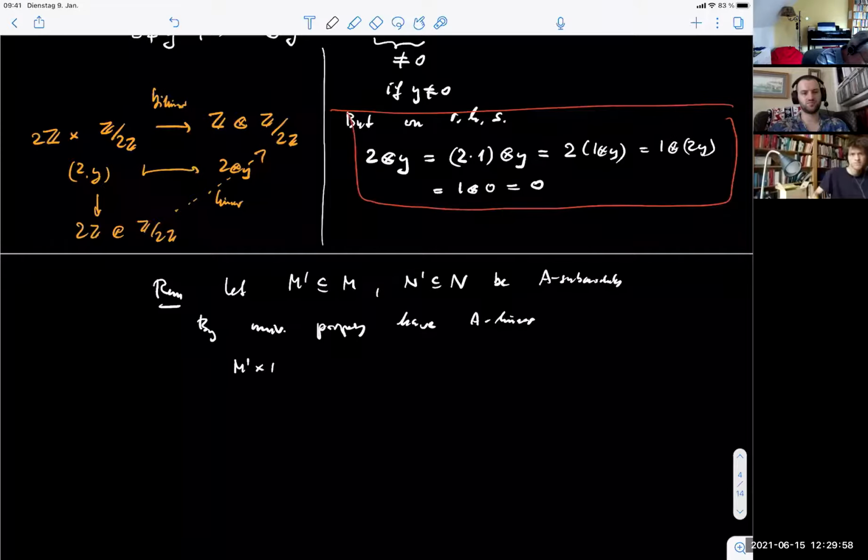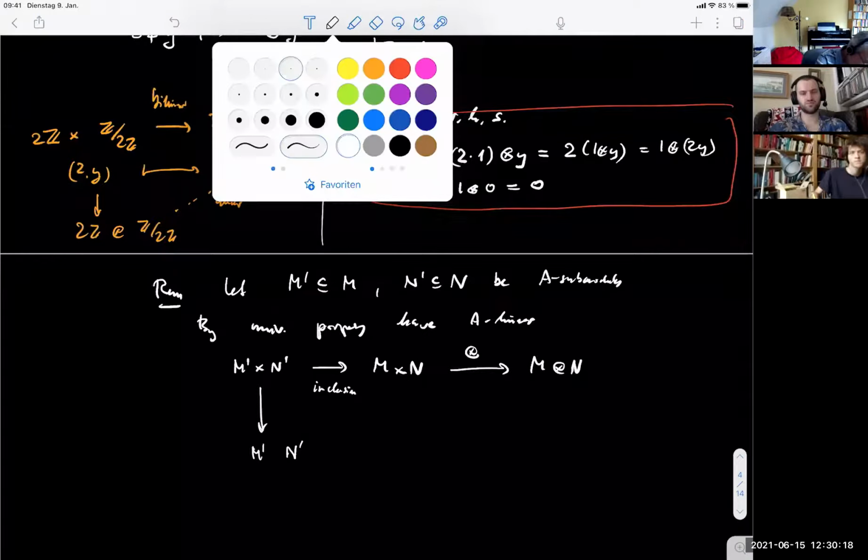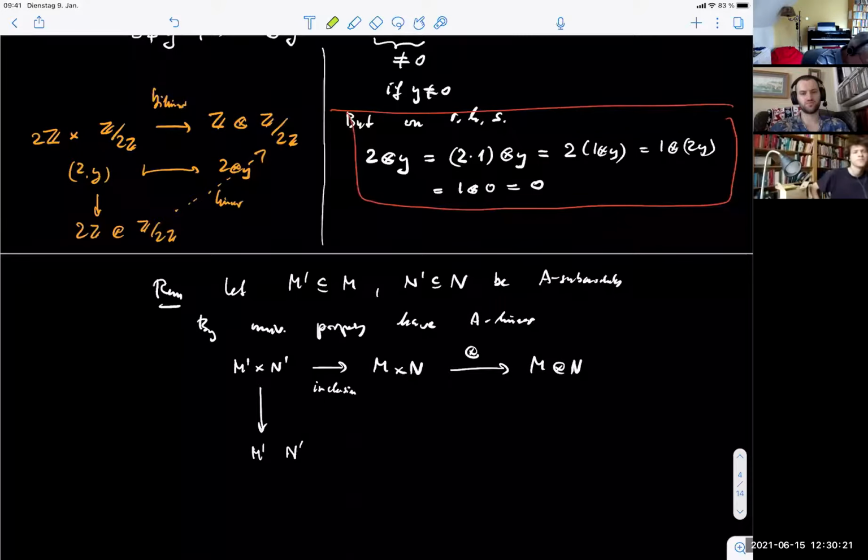M' times N', this is just the inclusion, or product of inclusions if you want, to M times N. Here I have my tensor product map. Down here, I have another tensor product map. This should have another color, now this is going to be green. And then I get this canonical A-linear map, maybe phi.